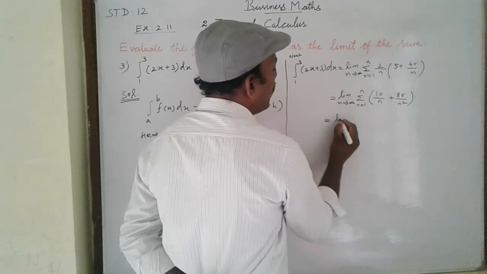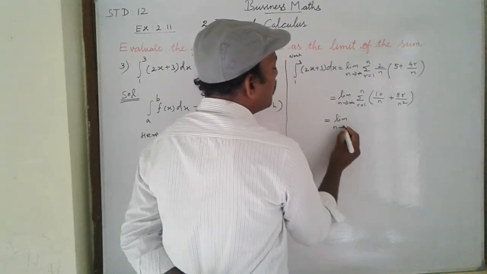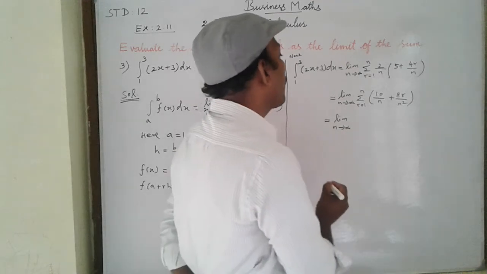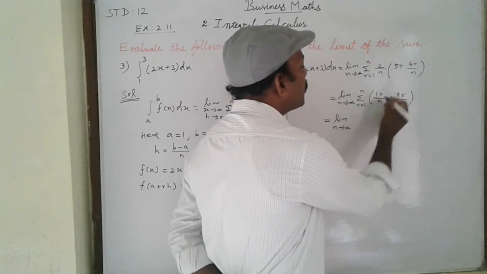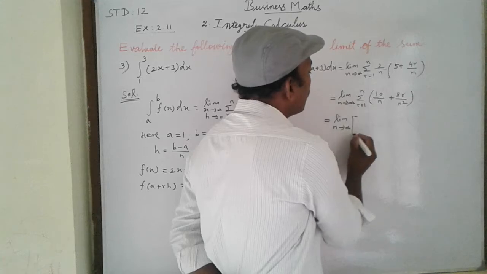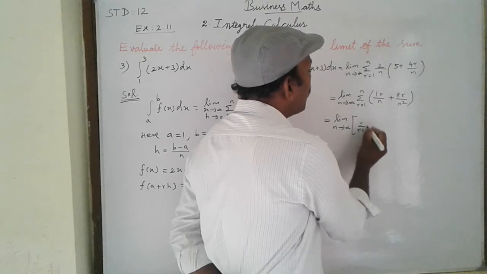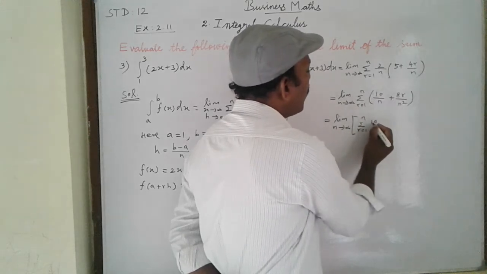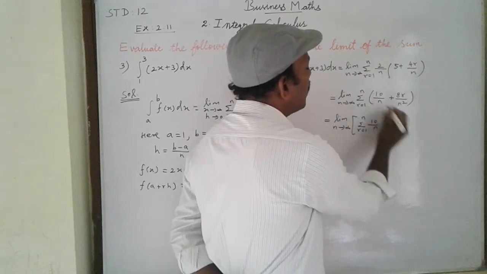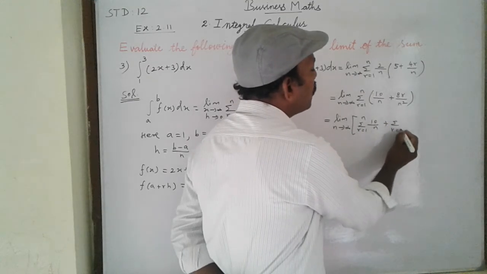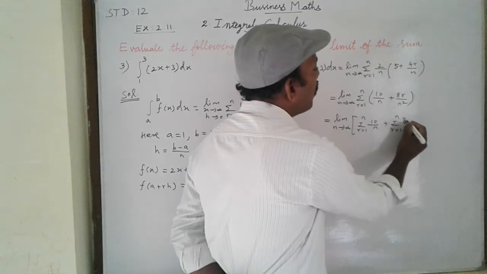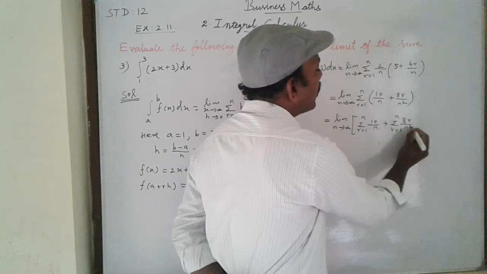Equal to limit n tends to infinity, sigma we should take inside: sigma r equal to 1 to n 10 divided by n plus sigma r equal to 1 to n 8r divided by n square.